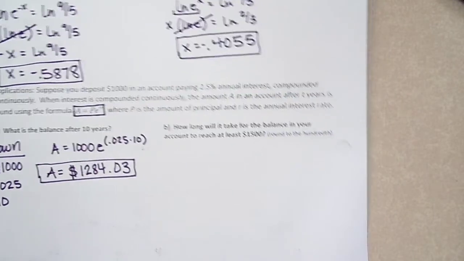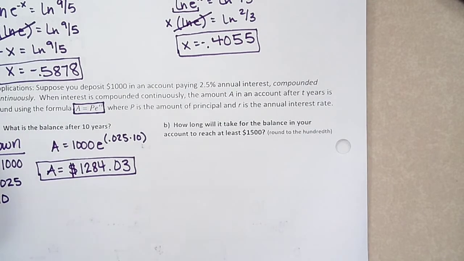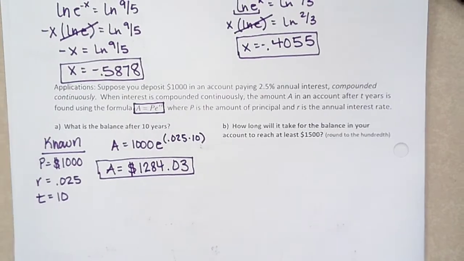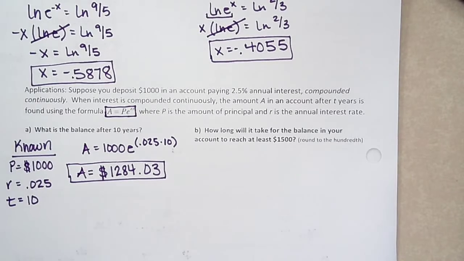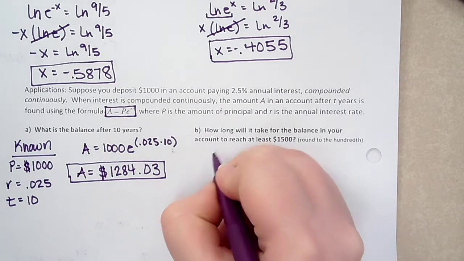All right, the next one asks, how long will it take for the balance in your account to reach at least $1,500? Well, this one uses very similar information, so I don't have to rewrite any of my knowns, but I do have to plug it in slightly differently. I want the amount in my account to reach at least $1,500.